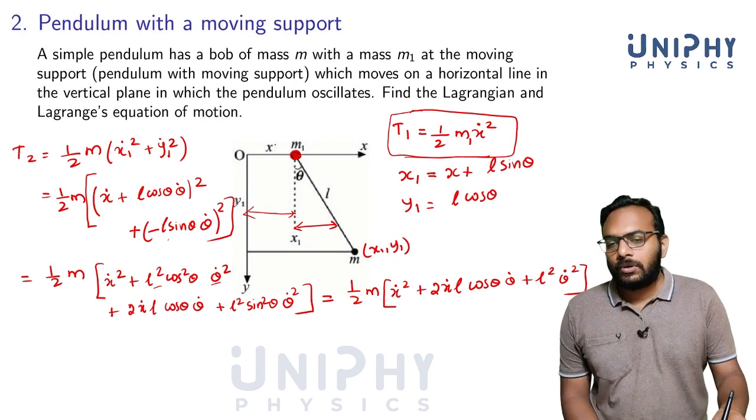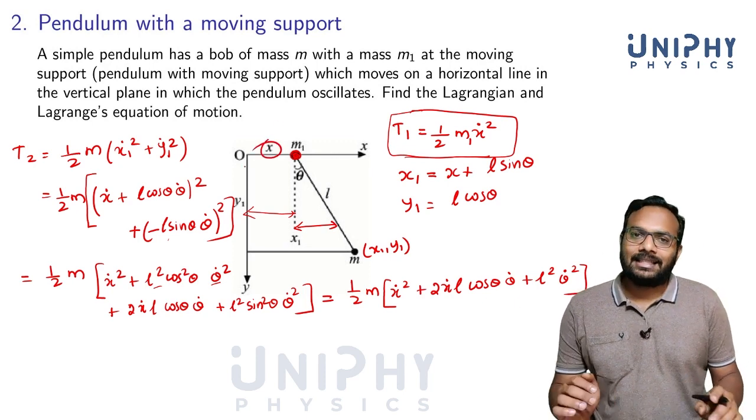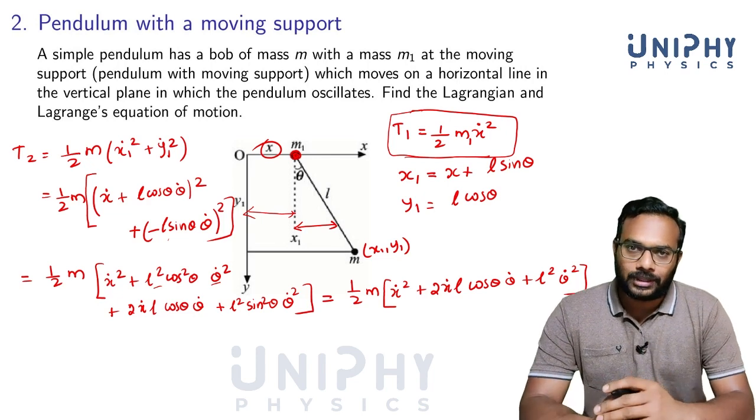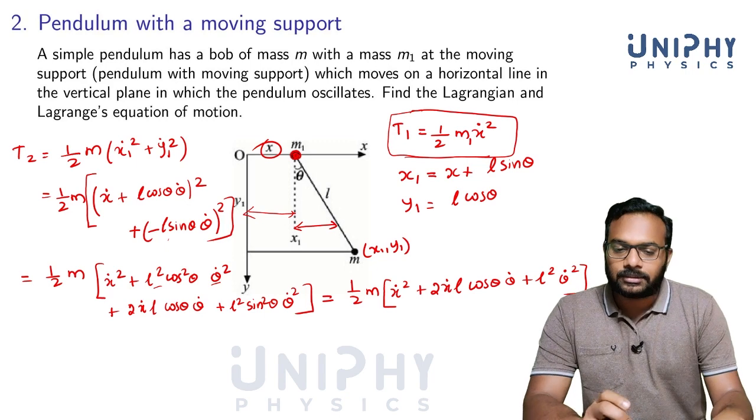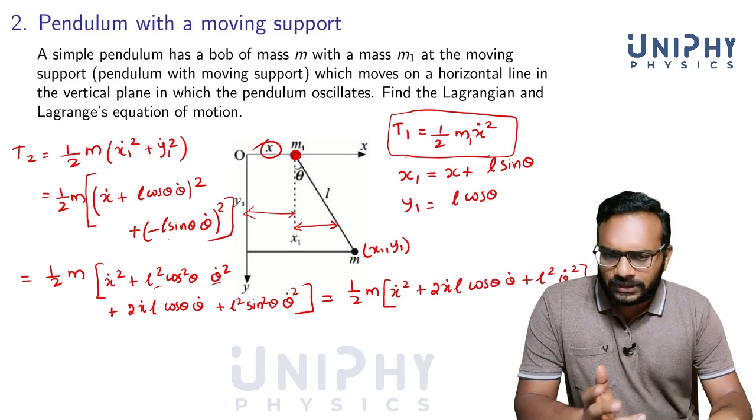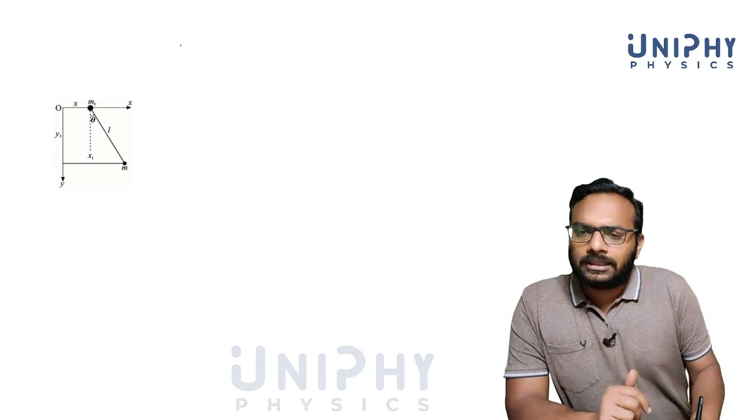Okay, so if you look here, there are two generalized coordinates. One is x and the other one is theta. You need these two coordinates in order to completely specify the configuration of the system. All right. So we just take the total kinetic energy. T is equal to T1 plus T2.